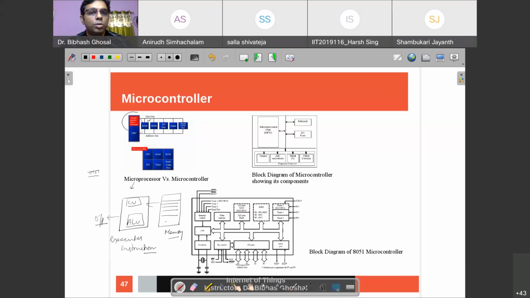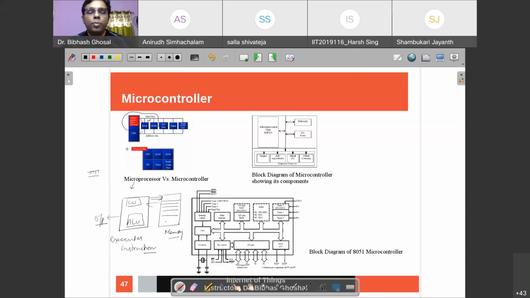And the results are also sent to some kind of an IO. Okay, this is how it works. And for that, they have buses, like the address bus to locate the location and get the data from there, and the output bus to just send the data. So this is how things work. But you see, all the peripherals and everything is outside this chip. This is the typical microprocessor system.